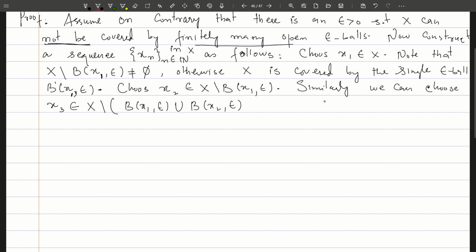One can again note that this set is non-empty, otherwise X is covered by these two balls, which is again not possible. So we can choose x3 in this set, since X minus the union of B(x1, epsilon) and B(x2, epsilon) is non-empty. Using the fact that X is not covered by finitely many epsilon balls, we get a sequence in this way.